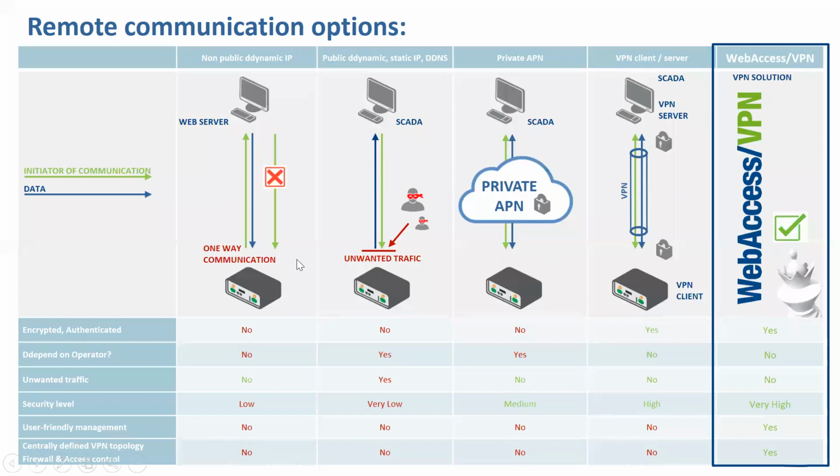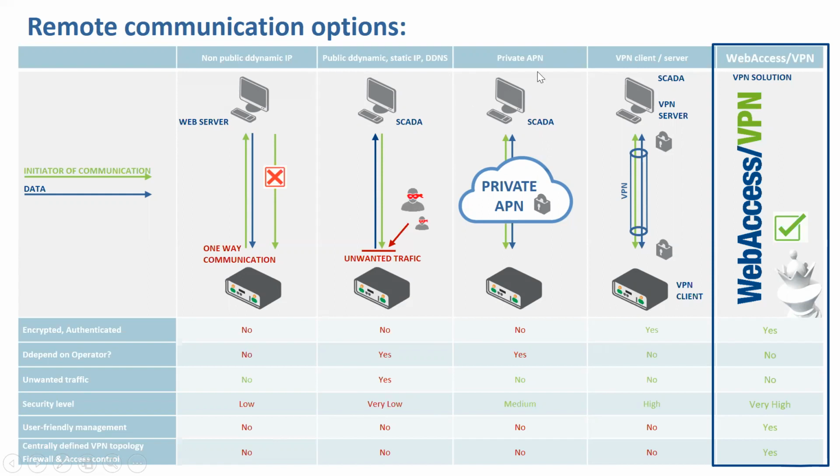This method really relies on the remote router to initiate the connection, and then the web server can respond to it. Not encrypted, not particularly secure, not user-friendly, no firewall. So this is really, people don't use this. A public dynamic or static IP here, you're open to man-in-the-middle attacks, very, very insecure, very rarely used.